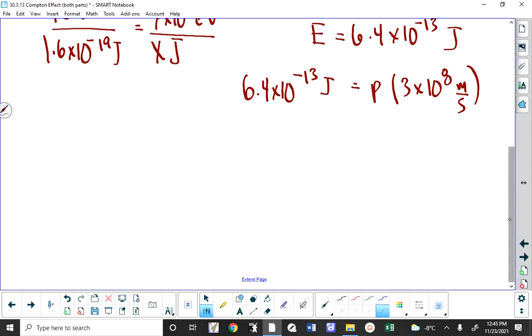It's not important. But when you divide this number by that number, you get 2.13 repeating times 10, I believe, to the negative 21. This is our answer.